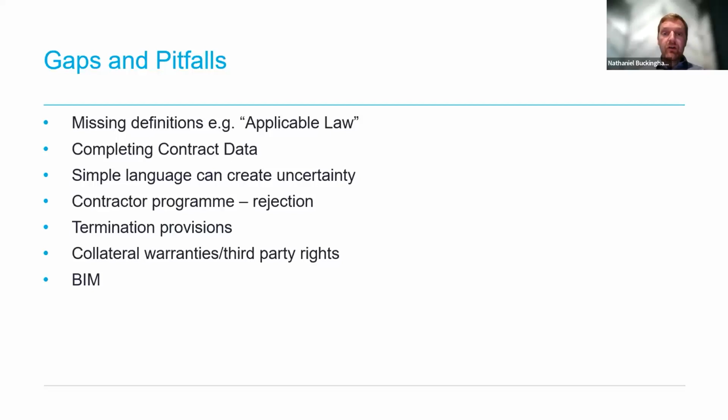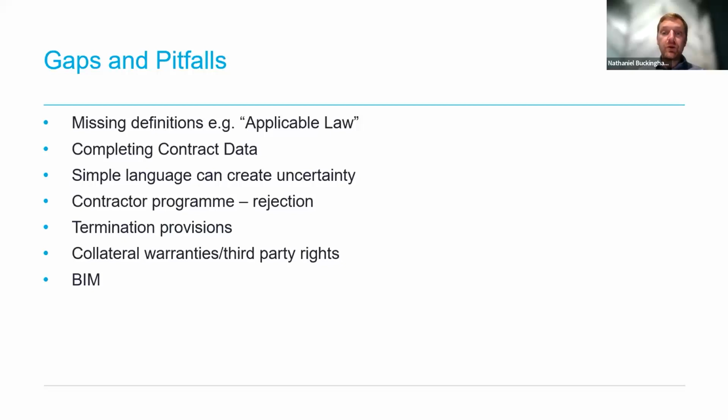Another pitfall to be aware of is the importance of completing the contract data, as this information often doubles as a definition referred to in the conditions. So, for example, all references to the works lead back to the box in the contract data, and therefore any failure to complete that with an adequate definition, or worse, leaving it empty, would result in a gaping hole across the contract.